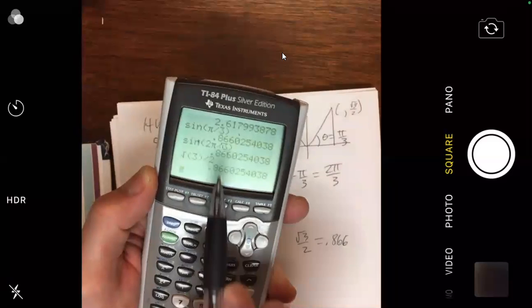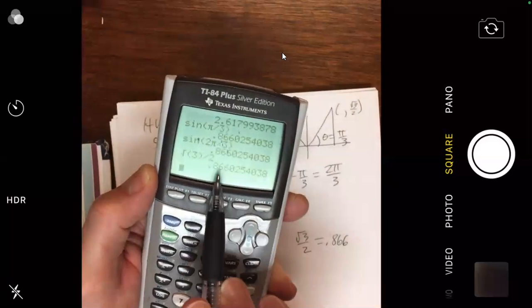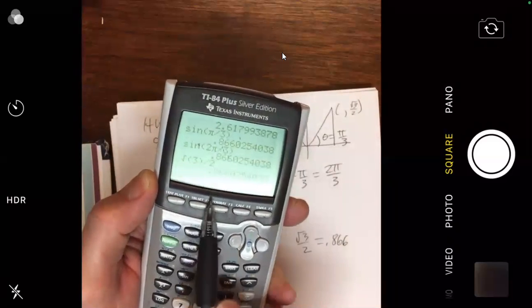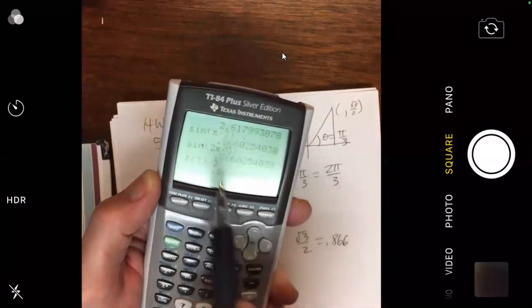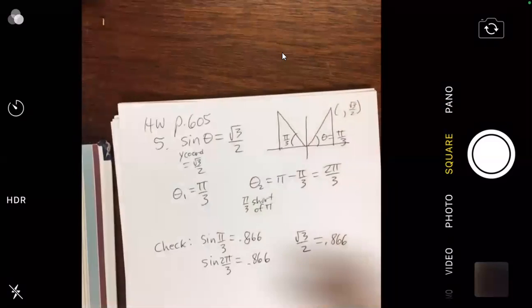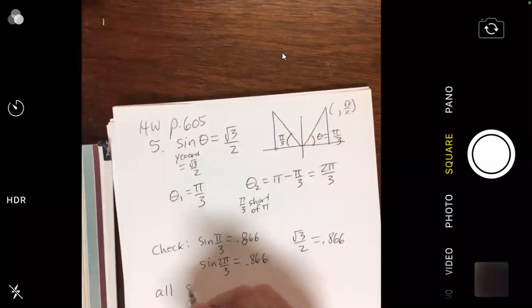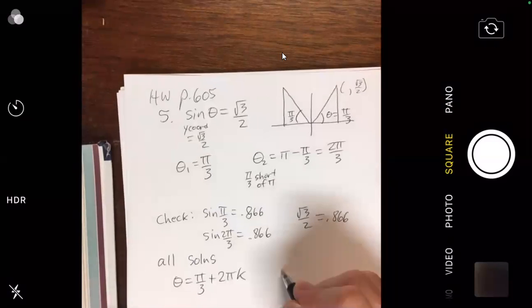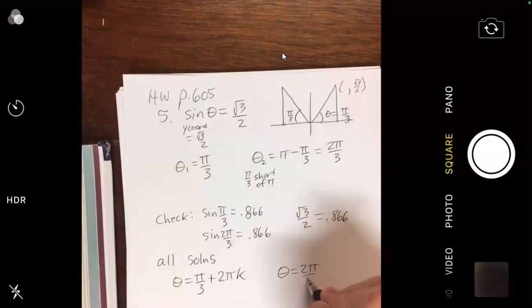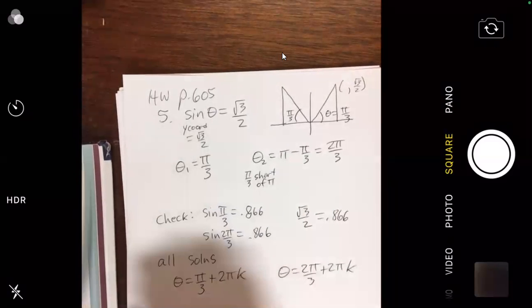So your answers are pi over 3 and 2 pi over 3, the basic angles. Now, all solutions, you'd write theta equals pi over 3 plus 2 pi k. Book probably writes 2k pi, and theta equals 2 pi over 3 plus 2 pi k. Let's look back. 7.4, number 5.